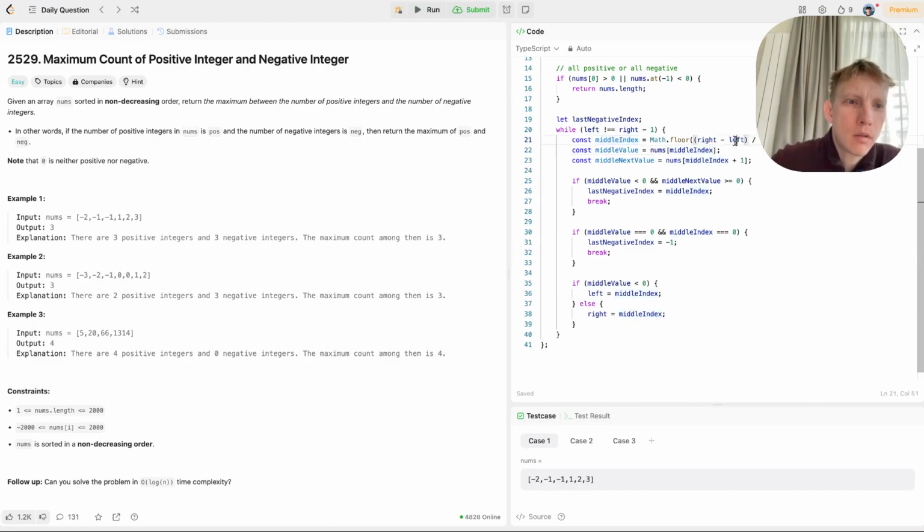Right minus left divided by 2 plus left.